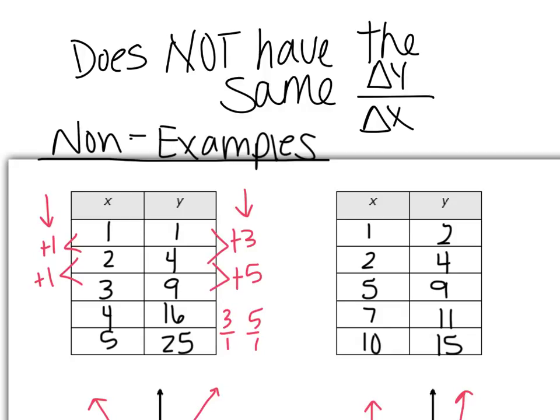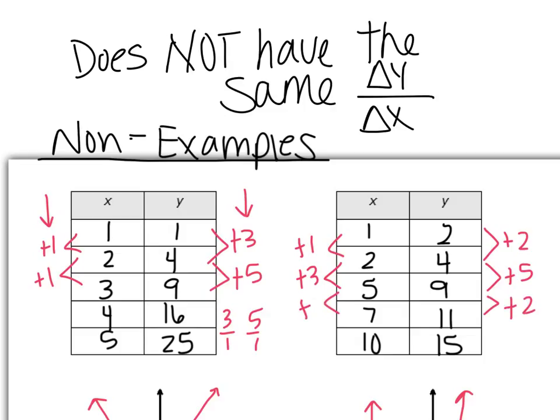Same thing over here, so I have a plus 2 for my delta y, and for my delta x, my change in x, I have a plus 1. This change in y over here is plus 5. This change in x over here is plus 3. So as of right now, I can't really do anything about this because so far it could be right. But what I want to show you is that you continue through the whole table to see if you have any repeats. So right here I have a plus 2.